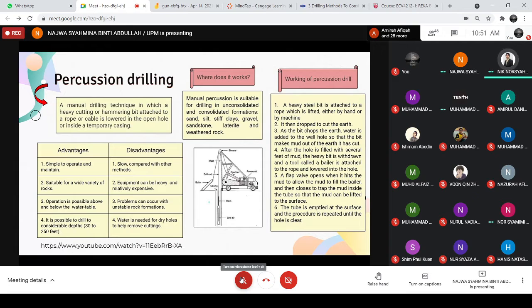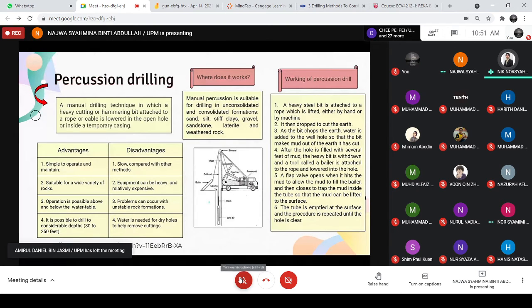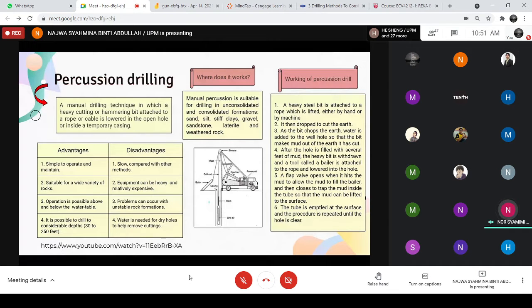Earlier Nurul asked, is it for sampling or for foundation? I'm not clear about the foundation part, but I know you want to prepare the hole for the foundation, to insert piles or something like that, Nurul? I'm not sure, Doctor.